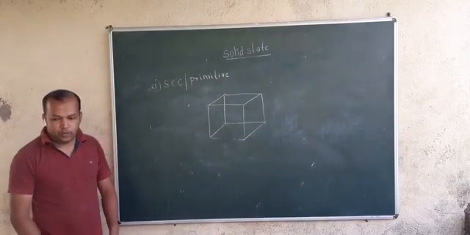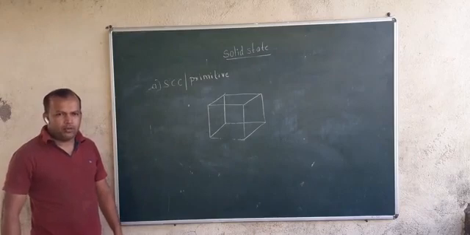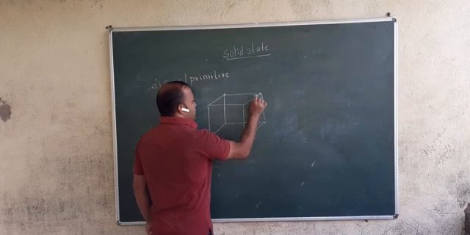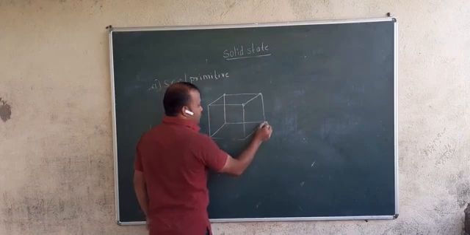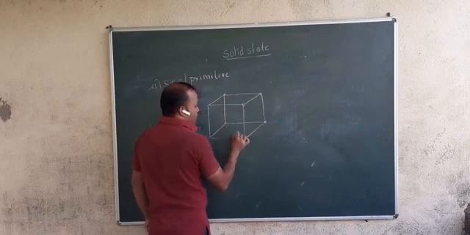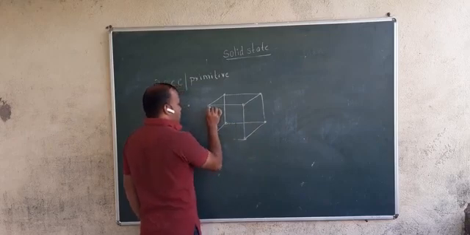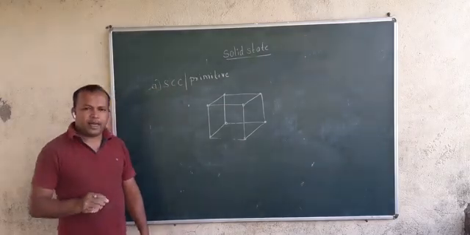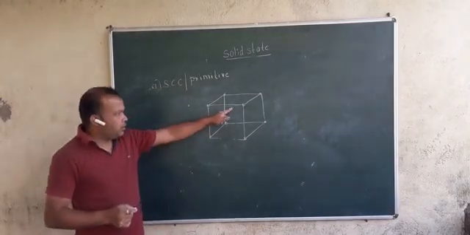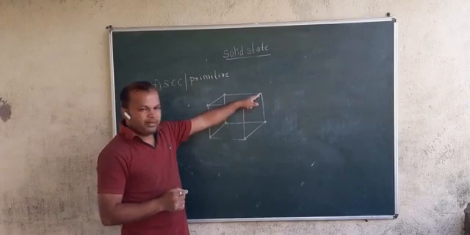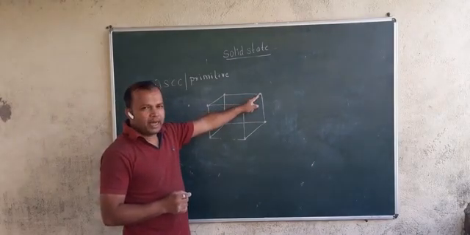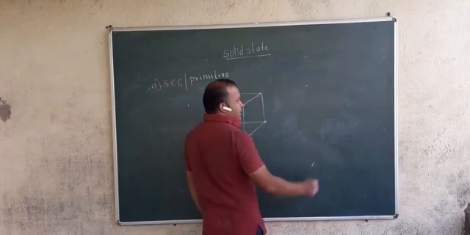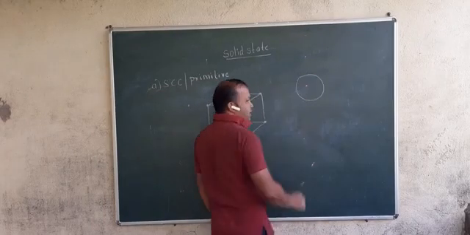If this is a cube, when these 8 constituent particles are at 8 corners, I represent each constituent particle as a point, but actually when I represent it as a point, it is the center of the circle.